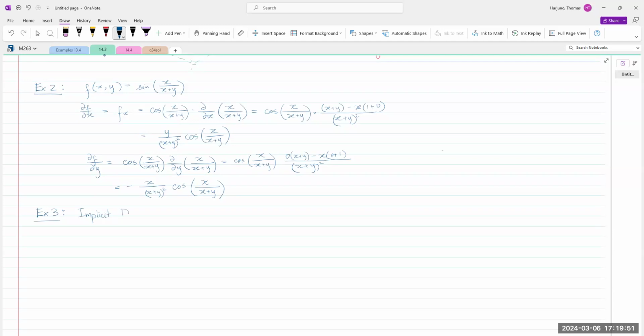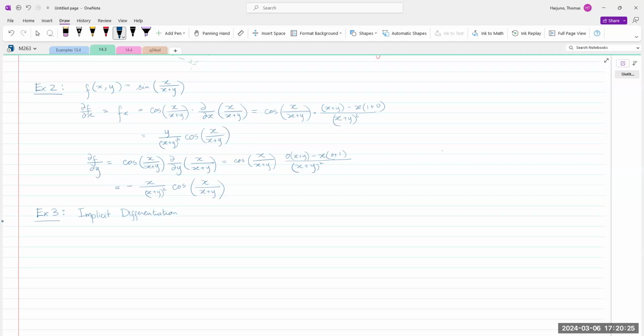Implicit differentiation. Implicit differentiation is mainly used to differentiate a function or an equation in which the x and y are mixed. That's in Calc 1. In Calc 2 and Calc 3, you may have an equation with a mixture of x, y, and z, and it may not even define a function, but we still need to find the partial derivative.